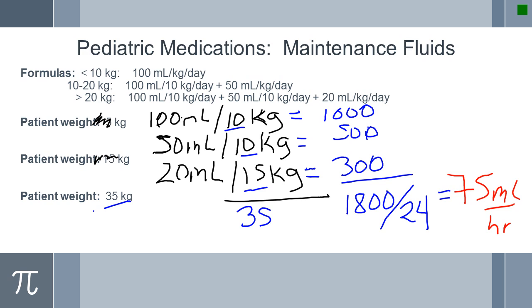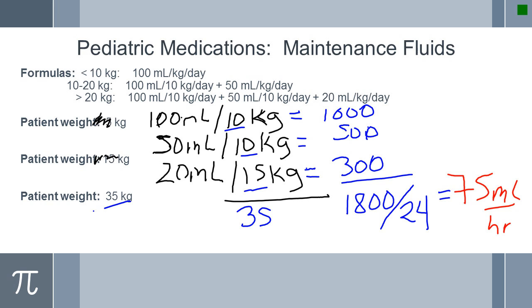Now you can put this back into the formula like before, if you need to work it out that way. That's not a problem. And that would look like 100 milliliters per kilogram per day times your 5 kilogram child, and then a day is 24 hours.